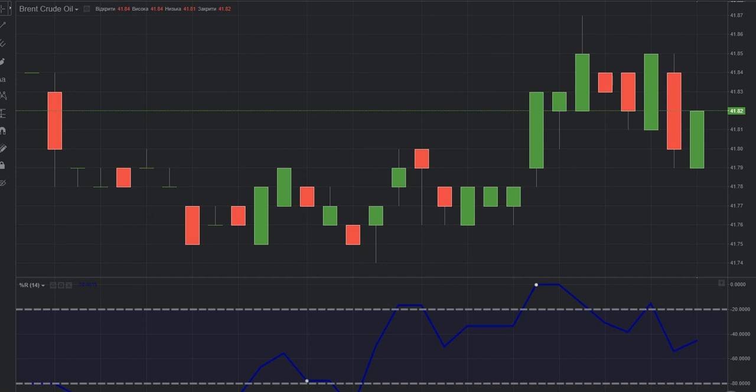Now, let's talk about the danger of using RVI for searching for overbought or oversold signals. Overbought and oversold is one of the biggest problems and pitfalls in trading. The RVI indicator does not show oversold or overbought prices. It shows momentum.